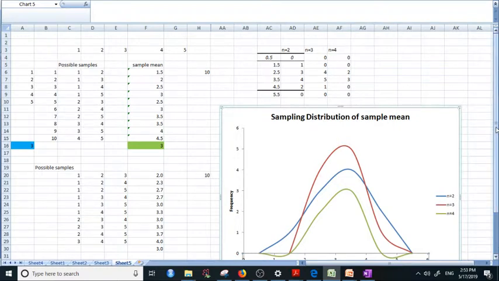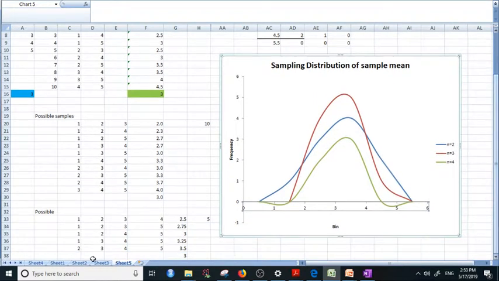Again, let us increase the sample size to 4, and we can select 4 numbers out of the 5 numbers in 5 different ways. So these are the possible samples: 1, 2, 3, 4. We can select 1, 2, 3, 5. We can select 1, 2, 4, 5, and 2 other ways.